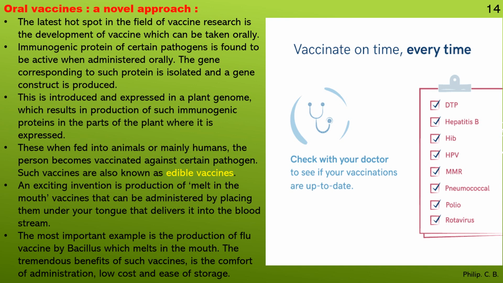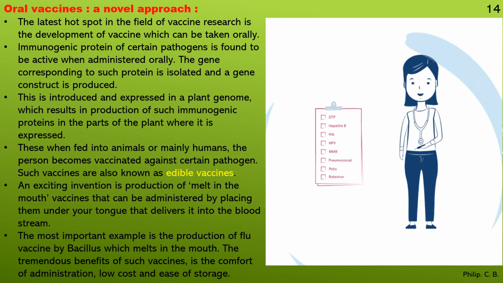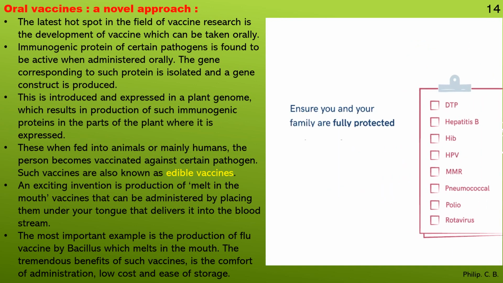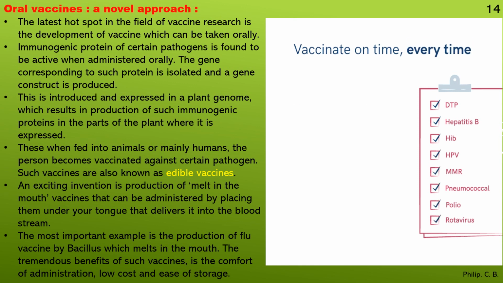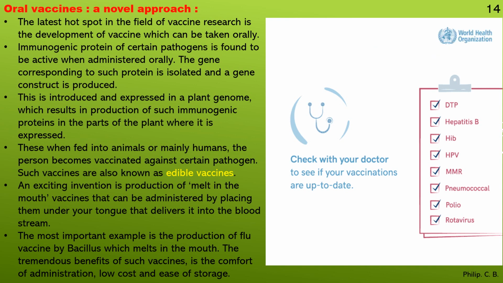So we have to keep updated with the various vaccinations which have to be given to children, mainly from 0 to 5 years, so that we can ensure that our family and child are protected against viral and bacterial disease. So we will go through the points one by one.